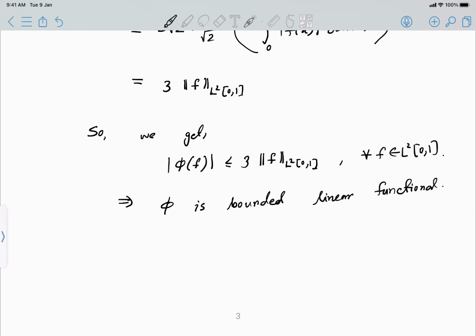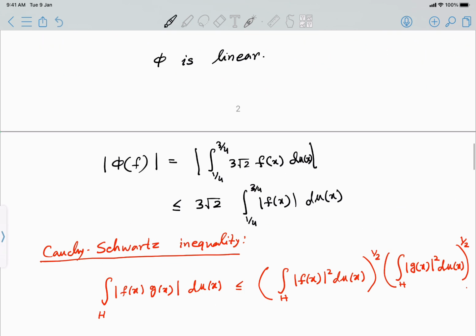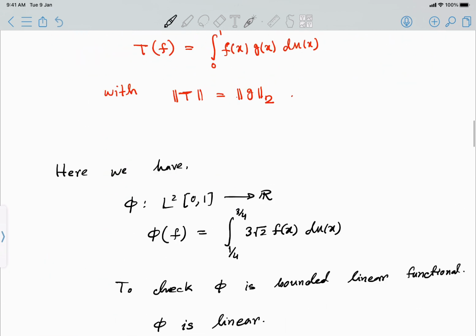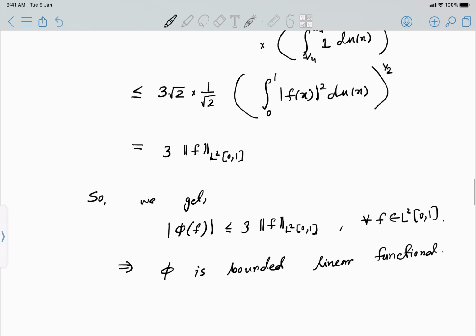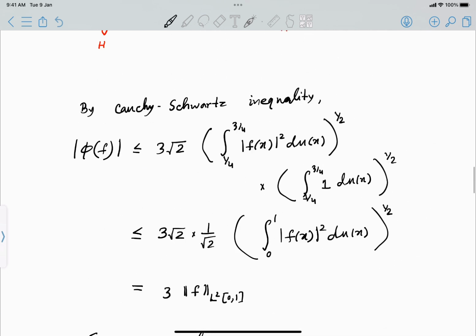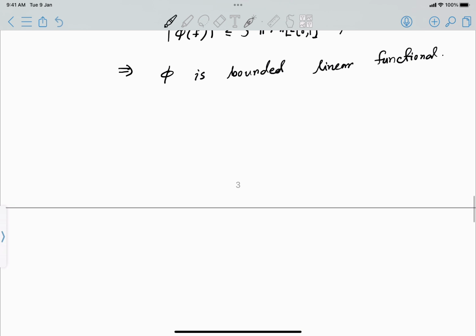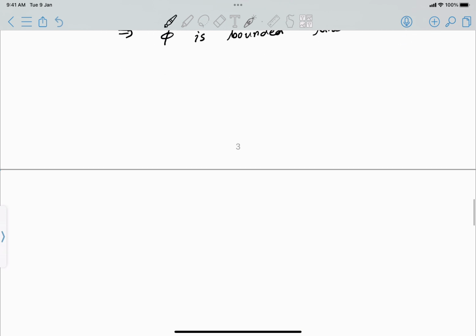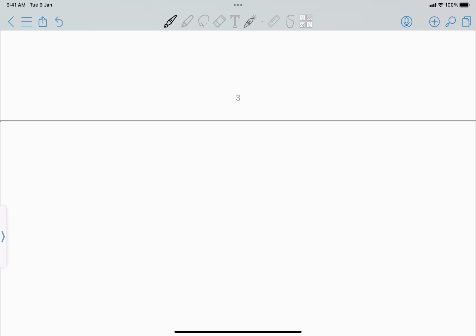So we can use the Riesz representation theorem, and then by the theorem we can calculate its norm. Now we first have to write phi as an inner product with some L2 function. Phi of f is the integral from 1/4 to 3/4 of 3 root 2 f(x) d mu(x).